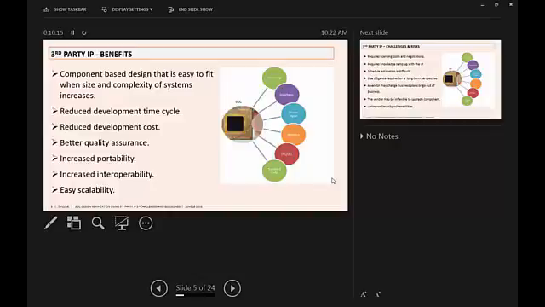When I say portability, it's between version to version, it's easily portable, and between system to system, it comes with an advantage. And the interoperability. Today's systems, as you see, all work under a common protocol. They are connected to some kind of a bus system, the most familiar one being the AMBA and the AXI bus.